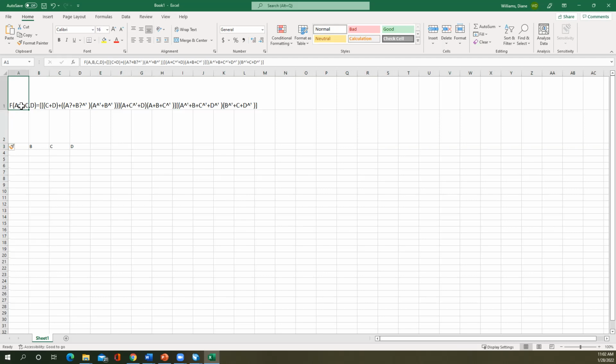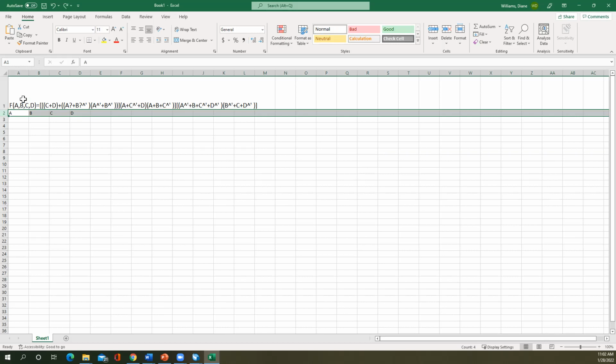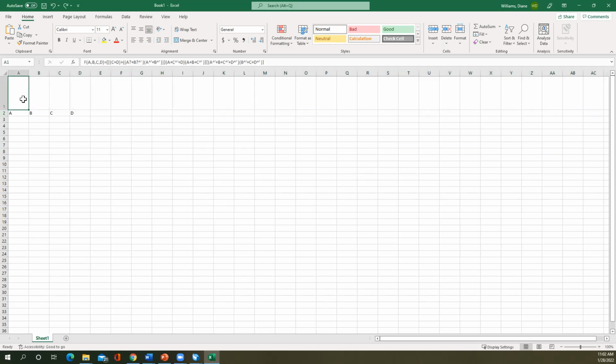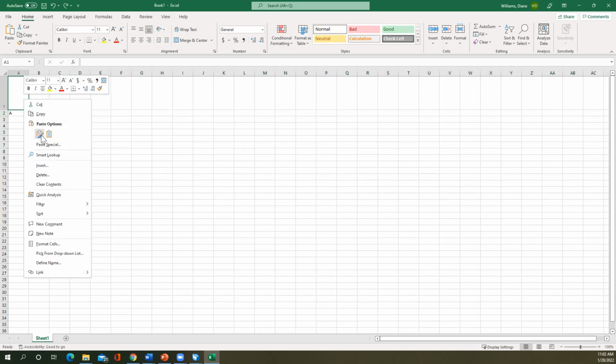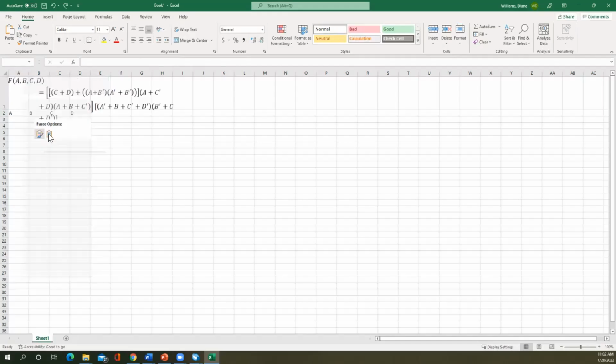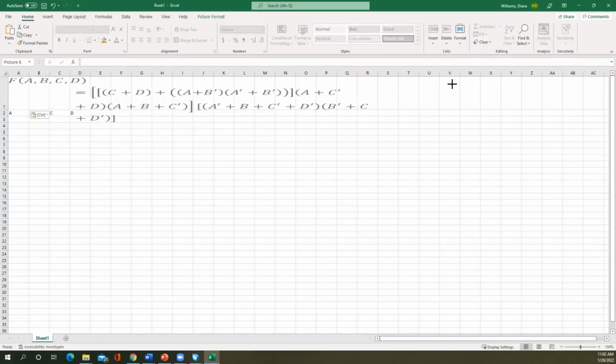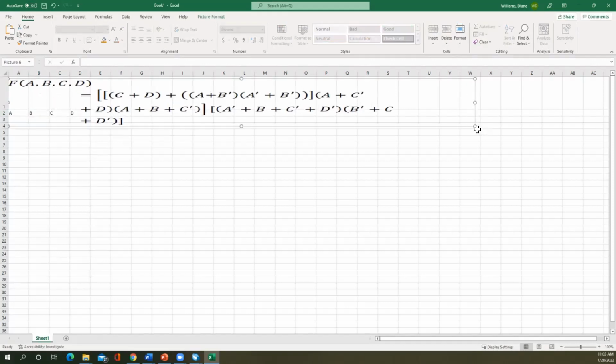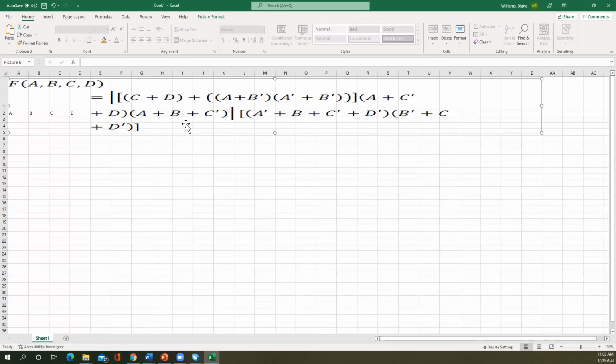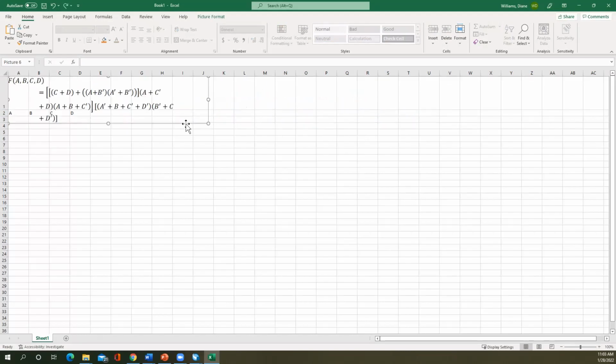Really annoying. I want the LaTeX in there. Keep the source formatting. You can match the destination format. Okay, fine. Leave it like this. Usually don't work this way.